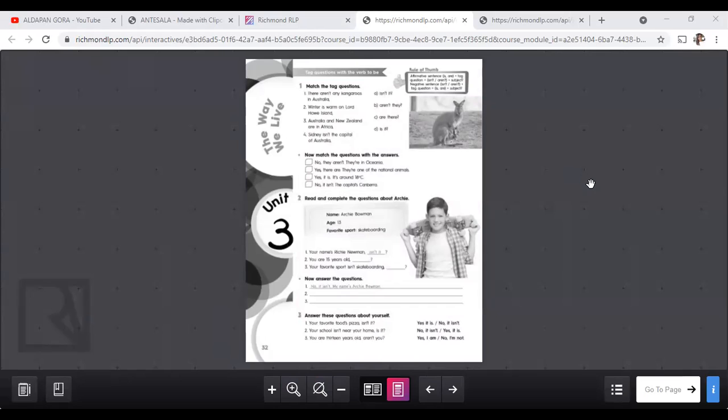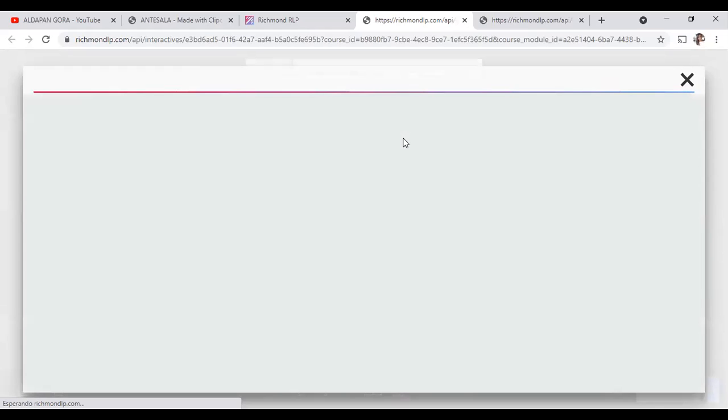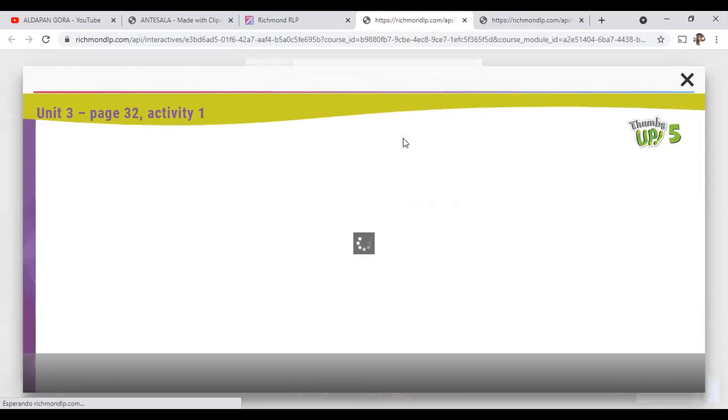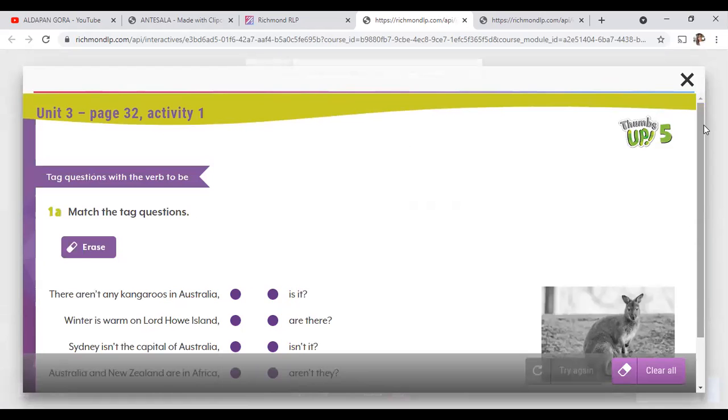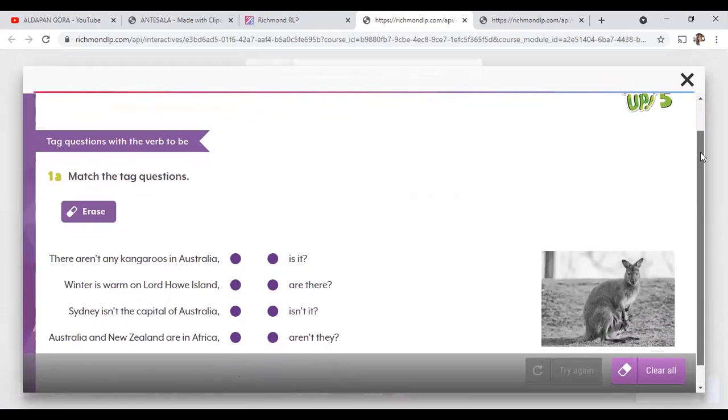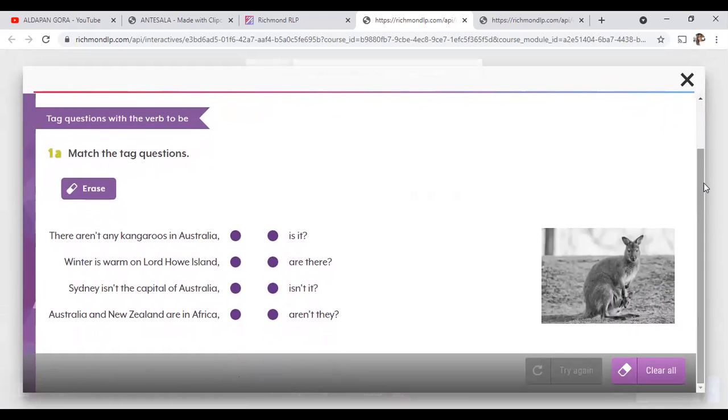Well, page number 32, we're going to start with this. Remember that we're talking about tag questions, and we're going to complete this. Match the tag questions. This is tag questions with the verb to be.